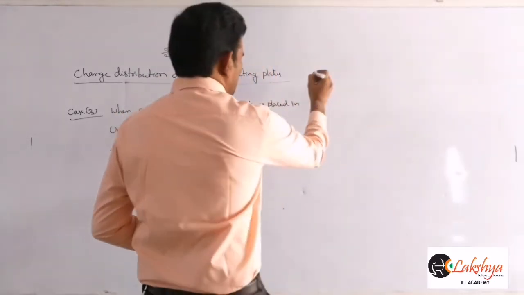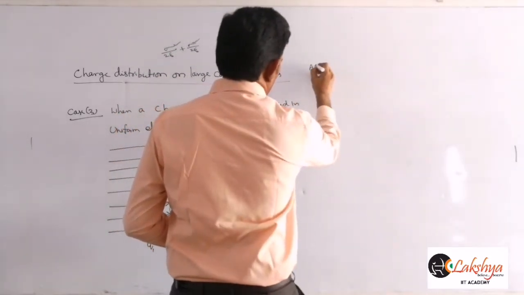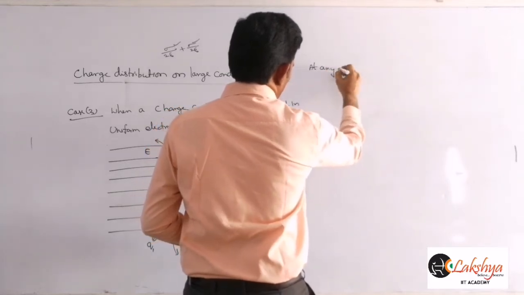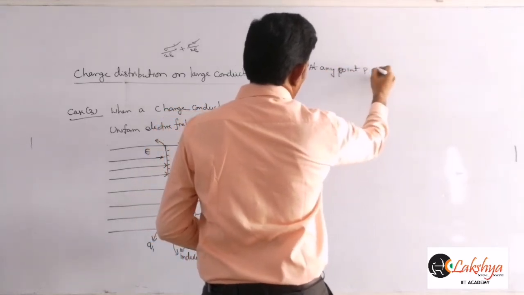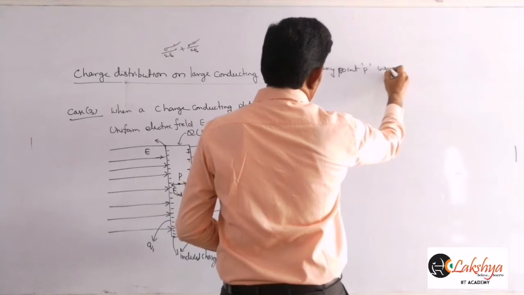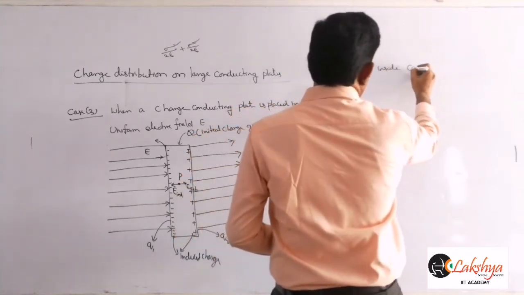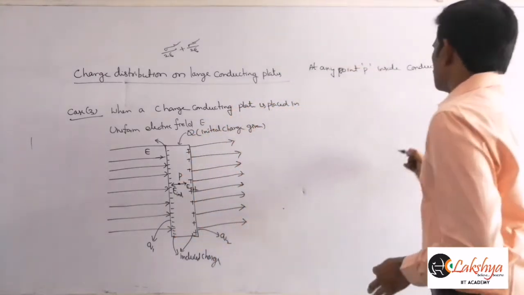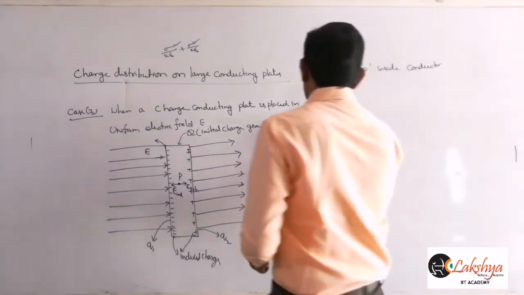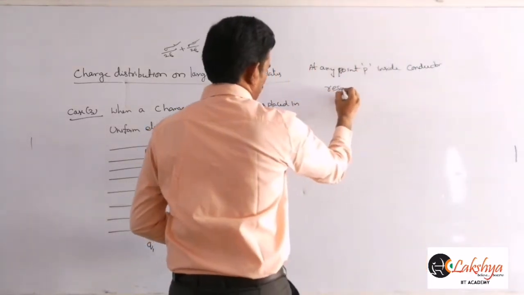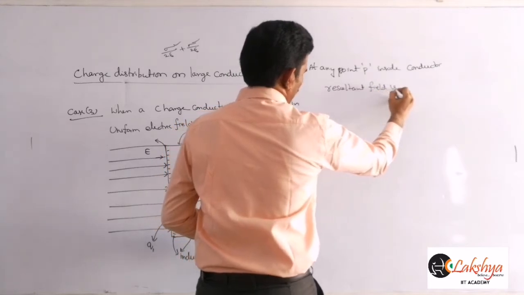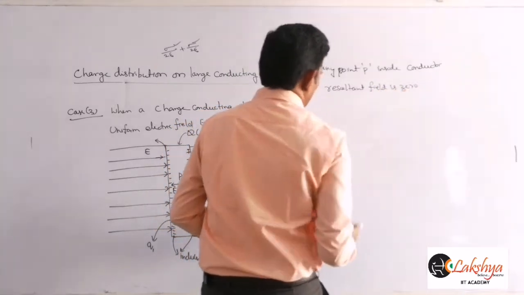So now this again, the same. At any point P inside the conductor, the resultant field is 0.